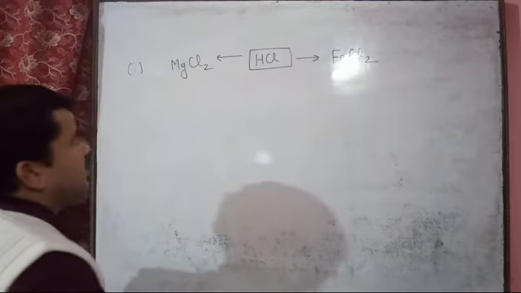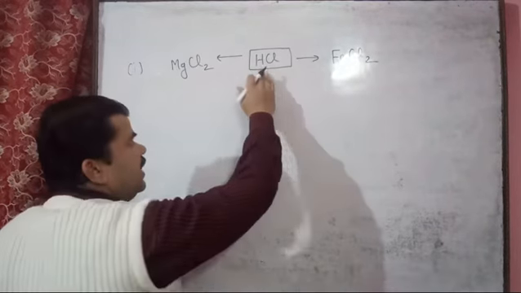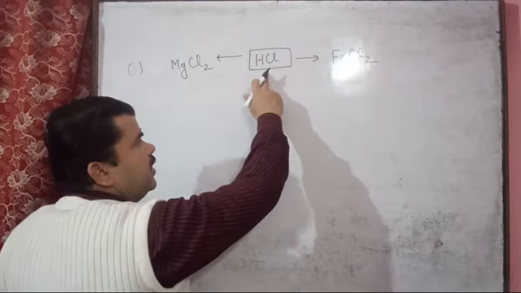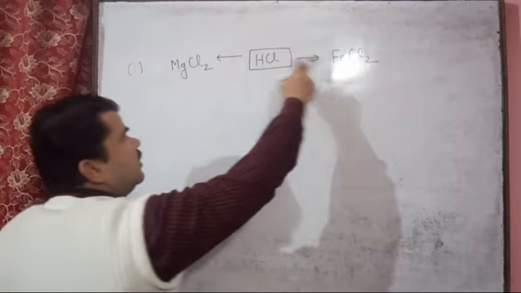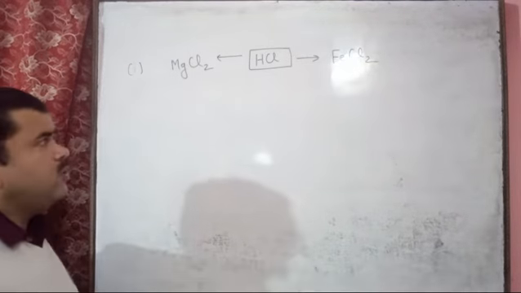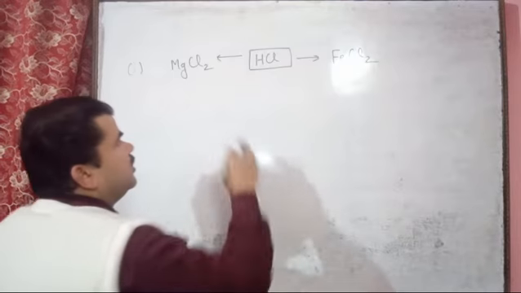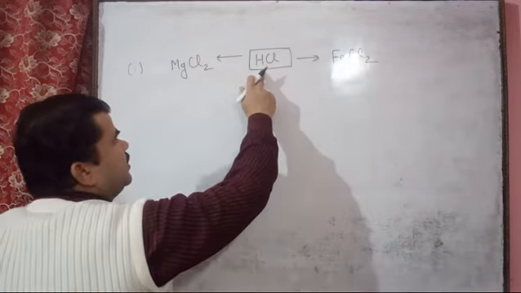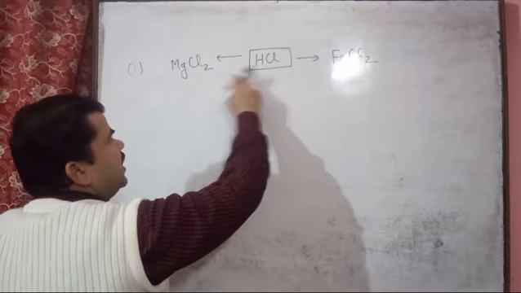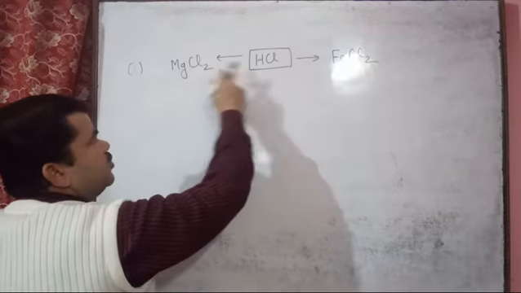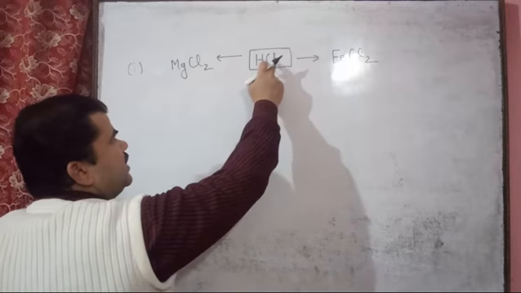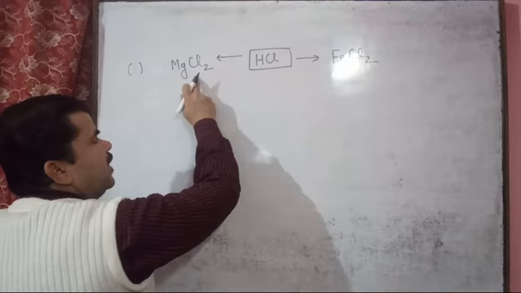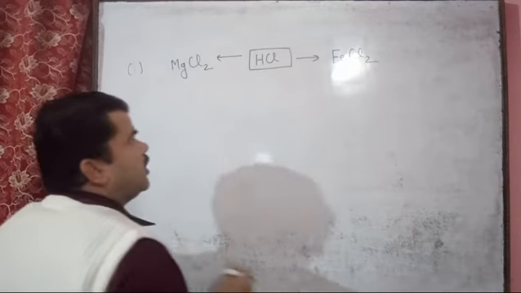So here by using the HCl as a reactant, we have to make this product and this product. So how can you make? So here if you see this reaction HCl, this is the reactant. By this reactant we are getting the product MgCl2. So here we can see in the box reactant here written and then arrow indicating this magnesium chloride, this is the product.